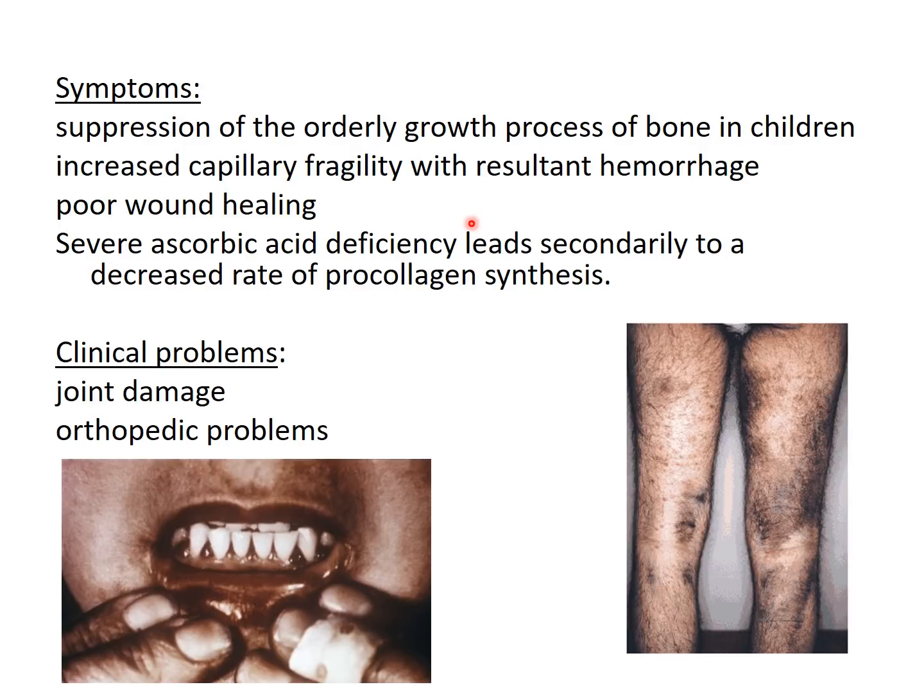This is why it is even more important for children, because when we are adults, at least our bones are formed, but we can also develop joint damage, we can develop orthopedic problems, but this is typical of losing the teeth or having hemorrhages all around because the vasculature is not built strong enough.